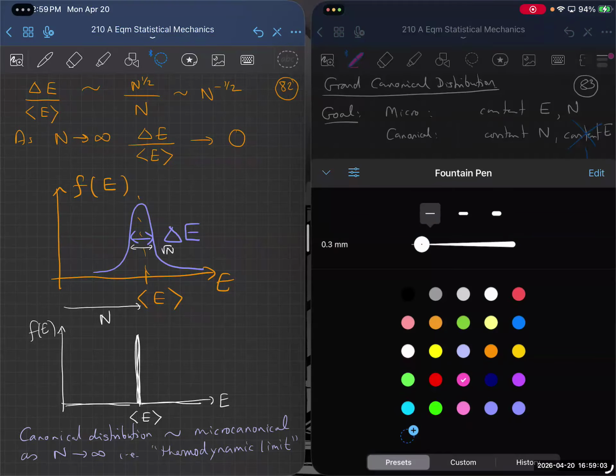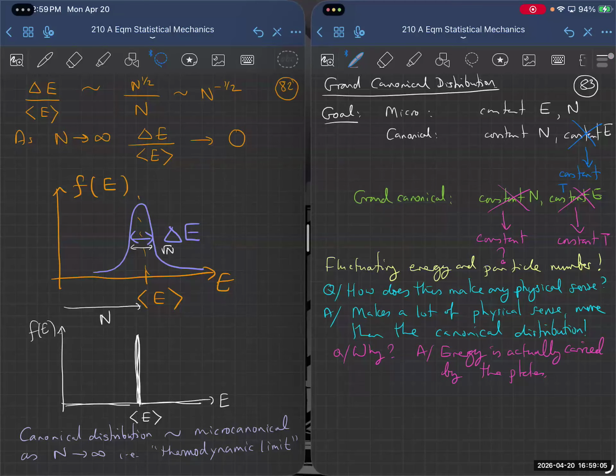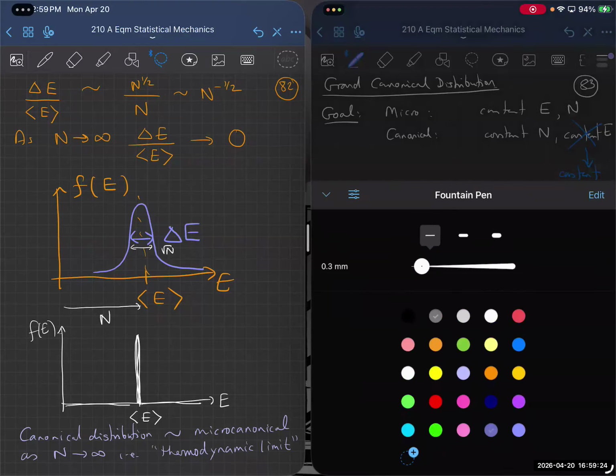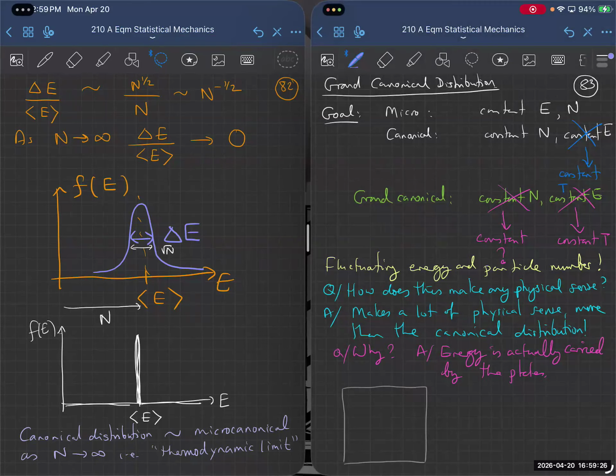So let me now give you the big reveal. Let me show you what it really is all about. Here's what statistical mechanics is all about. Here is our isolated system that we've been talking about since week 1, and now we're into the middle of week 4. So that is our physical system. And now what I'm going to tell you is that it's not the physical system that we care about.